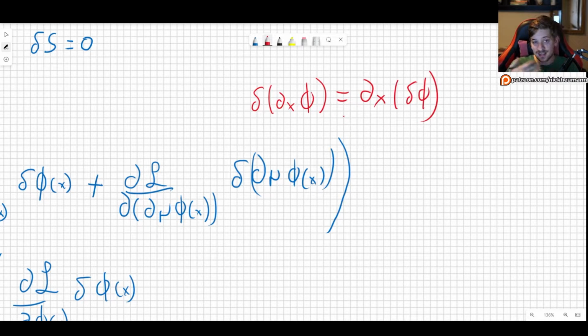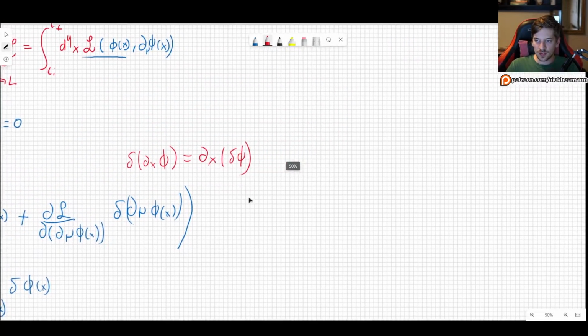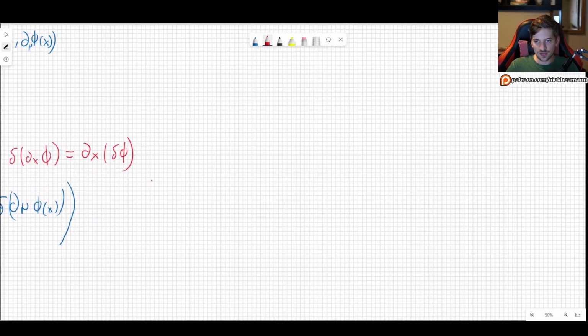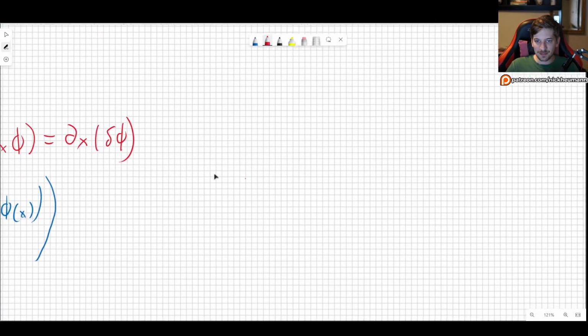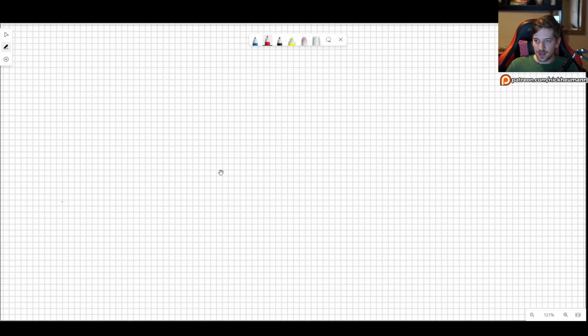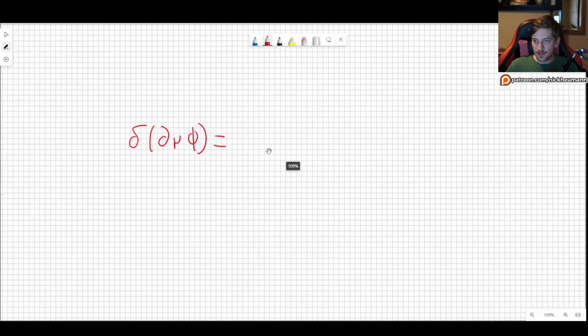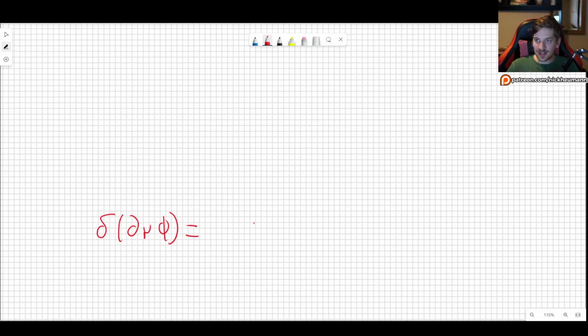In case you don't know why that is, or you don't believe me, let me quickly show that. So the variation of a derivative. Keep in mind, what is the definition of a derivative? As you should have seen at this point.